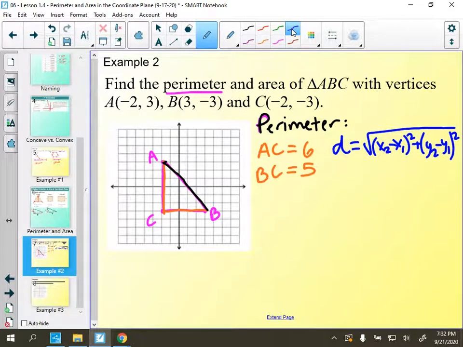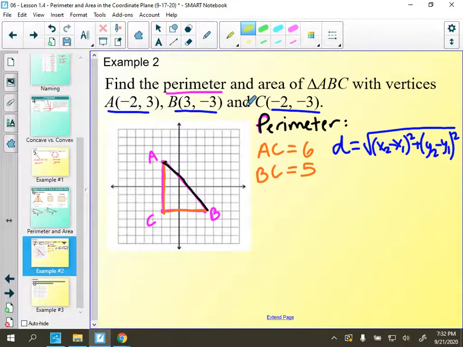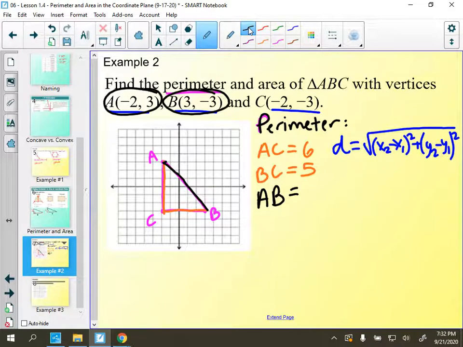All right. Which point should I use? A, B, or C? The distance formula is set up to find the distance between 2 points. So we've got to make sure we're working with the correct ones. Because we're looking for the length of segment AB, that's the last piece of the puzzle here, we definitely need to be working with the coordinates for points A and B.